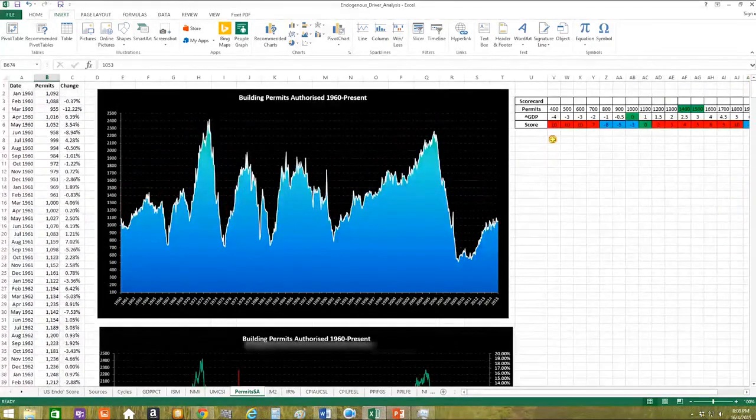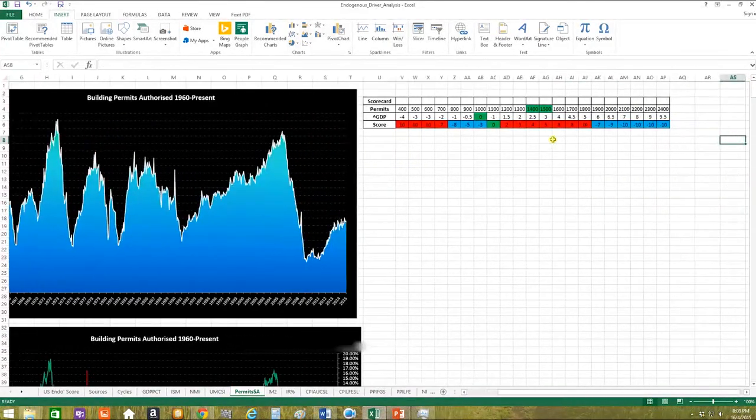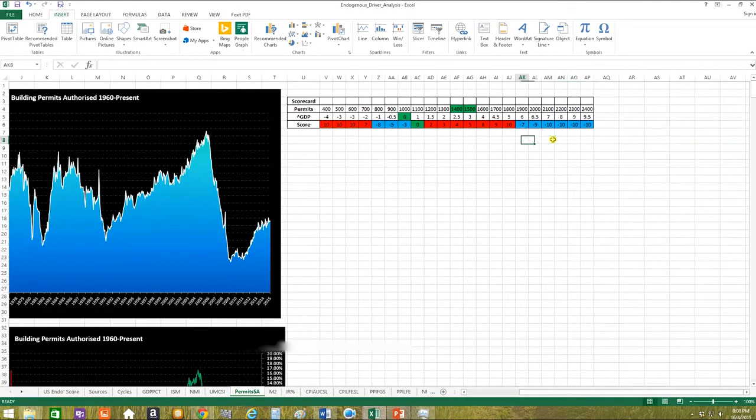And all we have to do is look in our table, our qualitative table, to see what levels of GDP growth this is consistent with and what score we can give it. Well, it's going to be around here. So between 1 million and 1.1, and we're going to have a score of between 0 and -3.